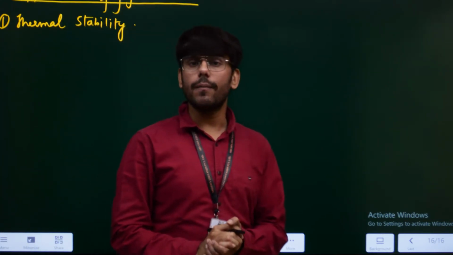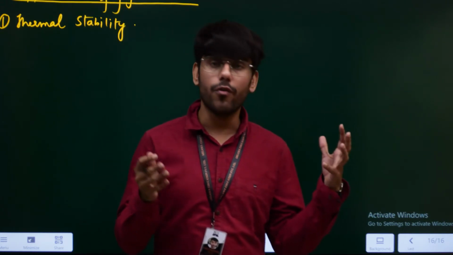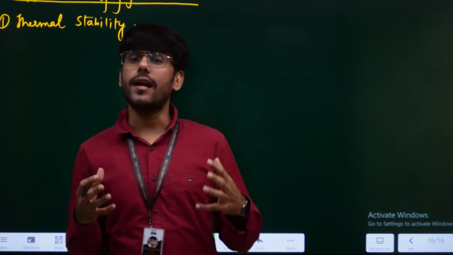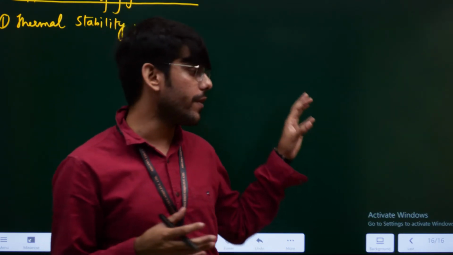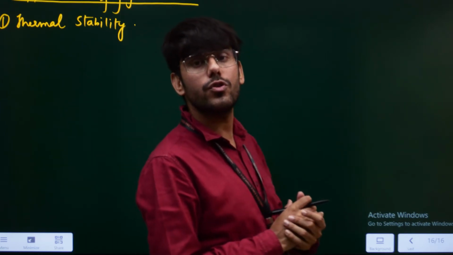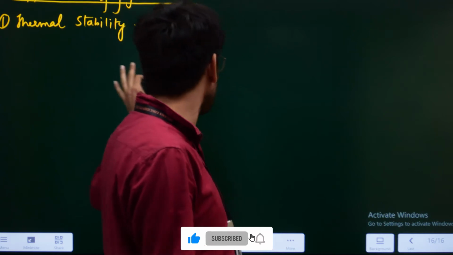When we used to study about ionic and covalent bonds, we say that ionic bonds are formed by strong electrostatic forces of attraction, and because the forces are so strong, they have high melting and boiling points. Tell me yes or no?